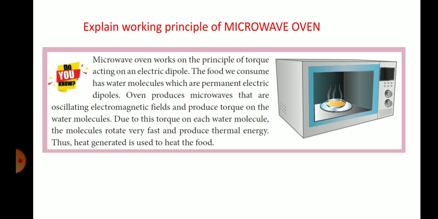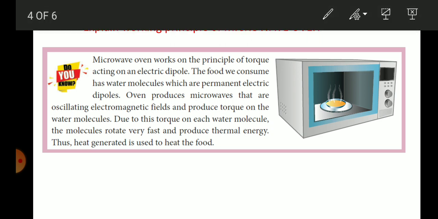When this water molecule is placed in an electric field, and the electric field will be produced in a microwave oven, the water molecule in the food acts as a permanent electric dipole. When the oven produces microwaves, which are oscillating electromagnetic fields, the water molecules will experience torque.